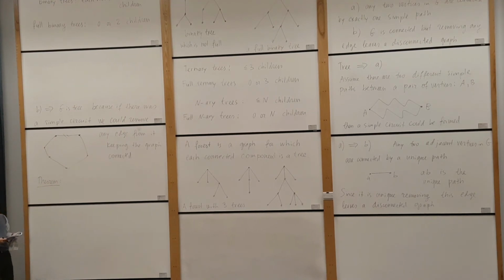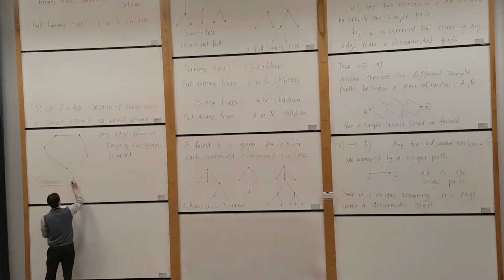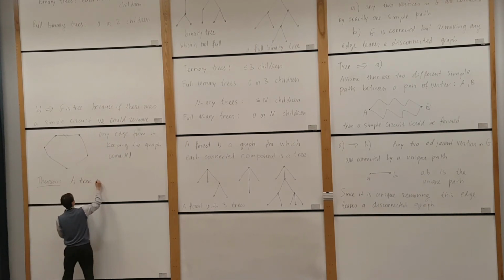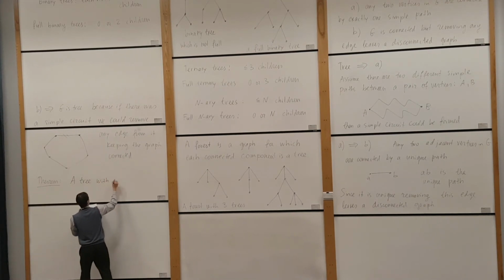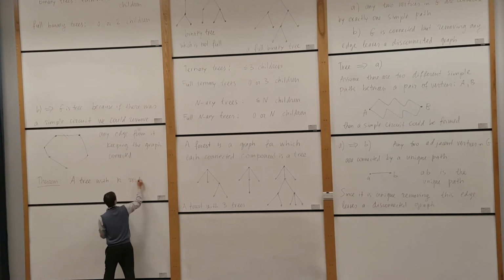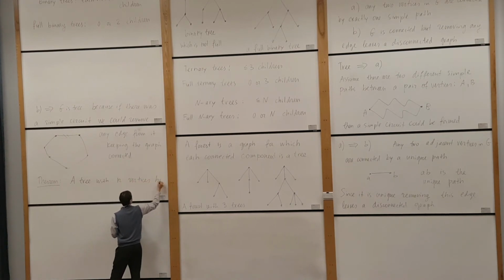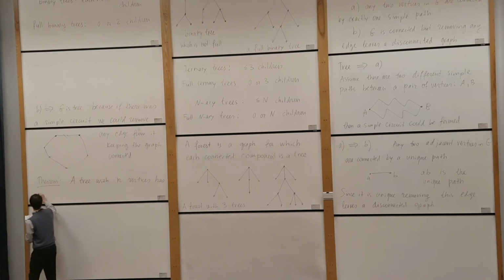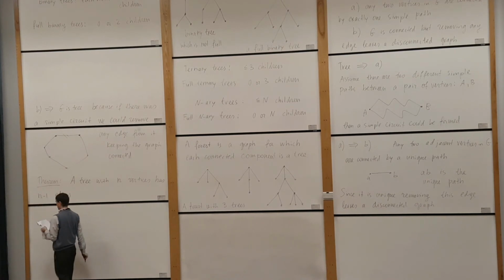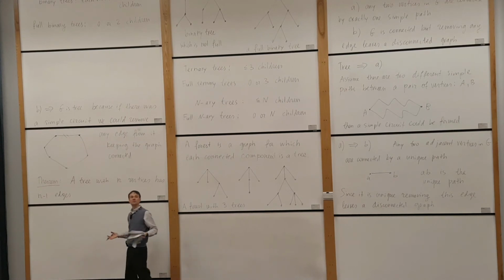A tree with n vertices has n minus 1 edges. Alternatively, you can write it using a different notation.